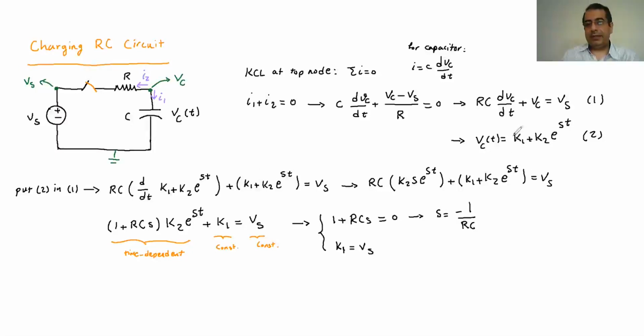Now that we have K1 and S, we have to go ahead and find K2. We know that at the beginning, when the time is 0, there is no voltage in the capacitor. So the voltage in the capacitor should be 0.